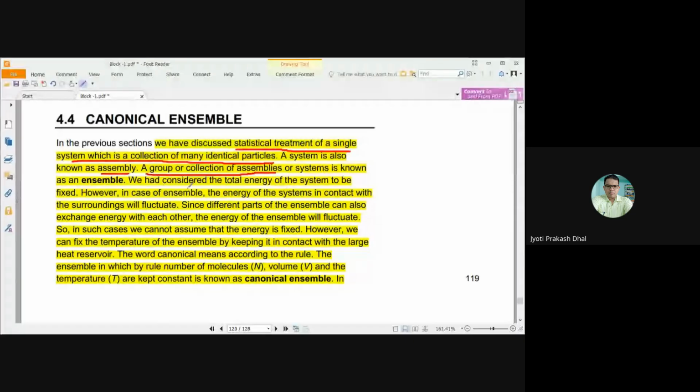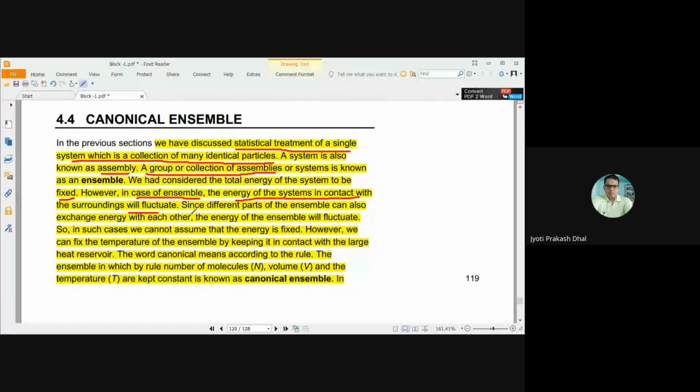We had considered the total energy of the system to be fixed. However, in the case of an ensemble, the energy of the systems in contact with the surroundings will fluctuate.